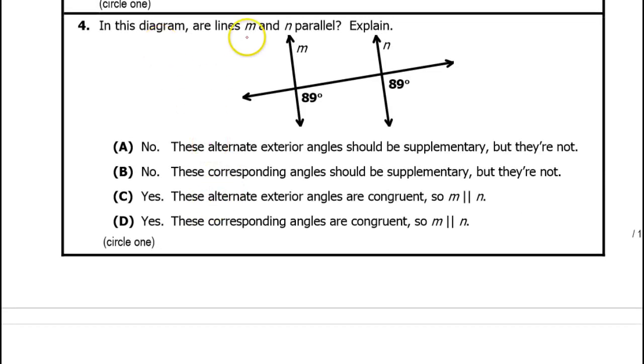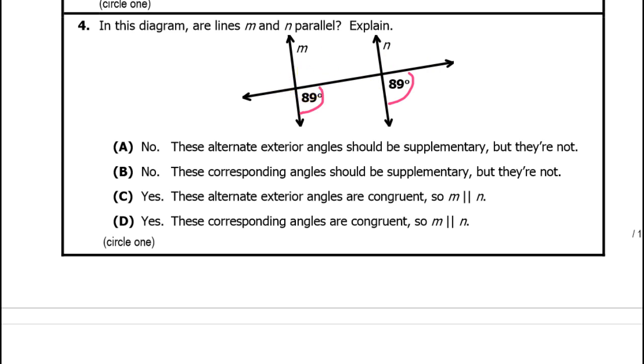Alright, number 4. Are these lines parallel? Well, I'm looking at these angles that were given, the 89 and the 89. These are corresponding angles. Corresponding angles are angles that are in the same position on each x.